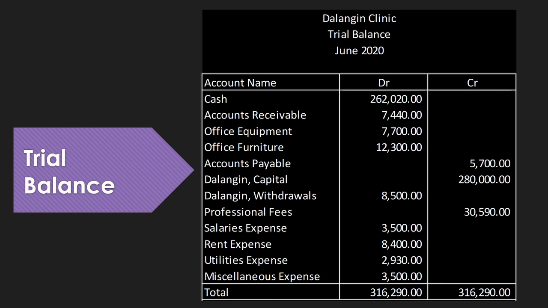As you can see, your trial balance always balances. So, laging equal yan. If it's not equal, there's something wrong on your entries or baka there's something wrong on the way you posted from your general journal to your general ledgers. Okay, so this is your trial balance for Langin Clinic.